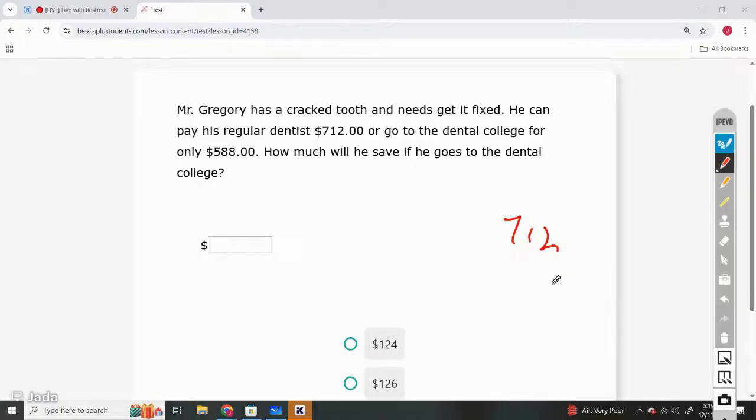So just subtract them. We cannot subtract 8 out of 2, we need to borrow 1. 12 take away 8 is 4. Now 1 take away 8 needs another borrow, so 11 take away 8 is 3. And 6 take away 5 is 1, that is 124. Option number 1 is the correct option.